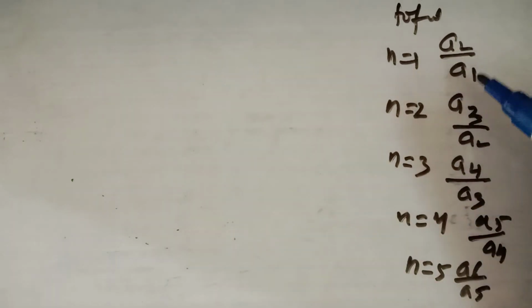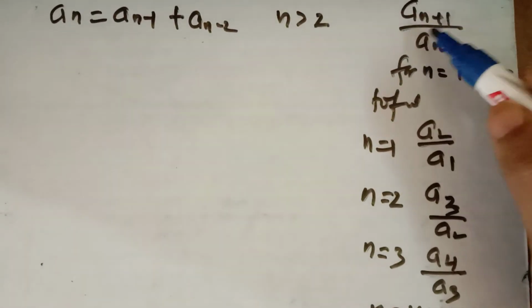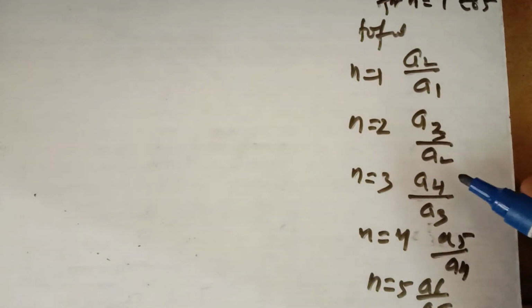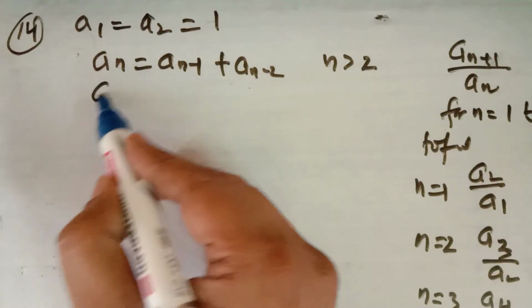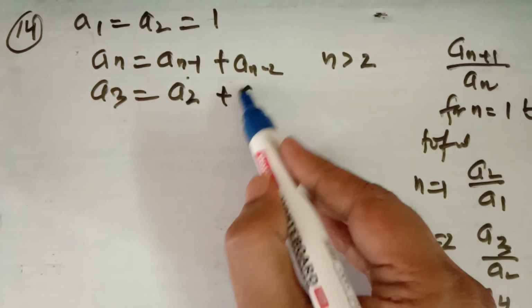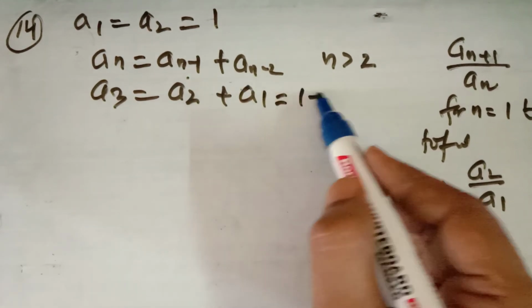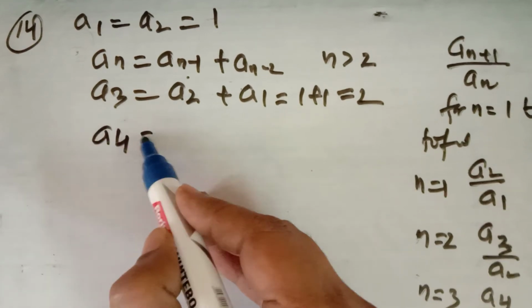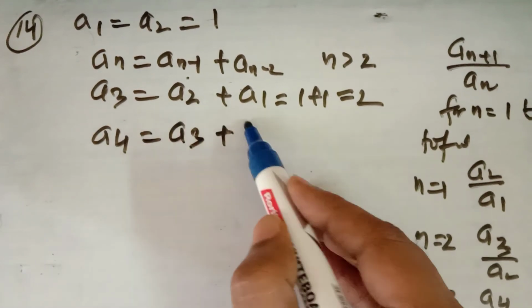So it means we need a1, a2 is given. So you can easily find this first, that is a(n plus 1) upon a(n). But for n equal to 2 it will be a3. So it means you have to find a3. So a3 will be a2 plus a1, that is 1 plus 1, that is 2. Now a4 will be a3 plus a2.